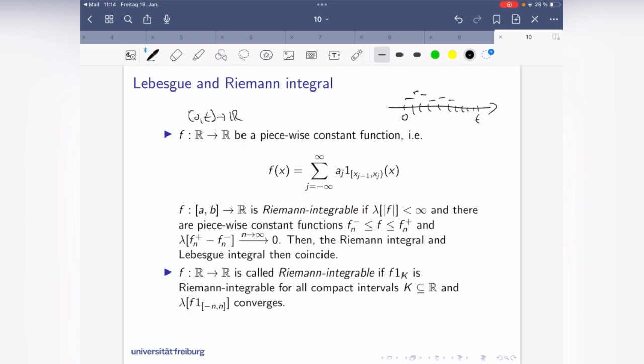And if the set you want to integrate over is not compact, but unbounded, then you say f is Riemann integrable if it's Riemann integrable for all compact intervals K. And then you say, well, that's a compact set, minus n to n, and you let n go to infinity. That gives you the integral of f with respect to Riemann.